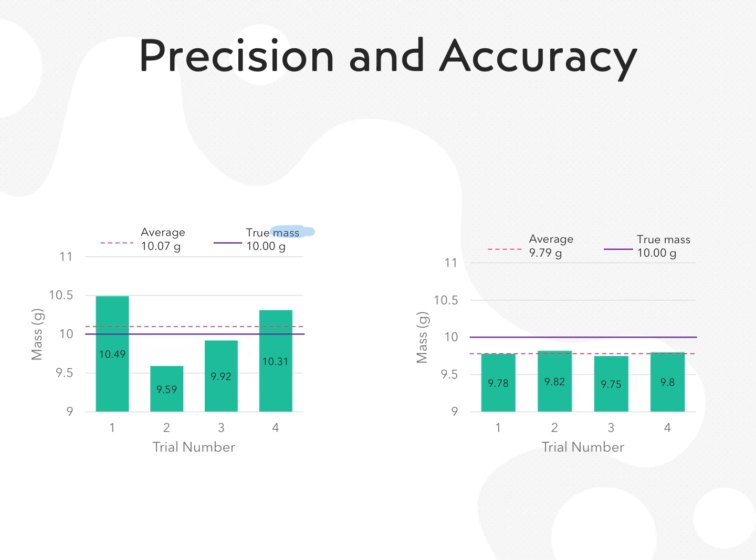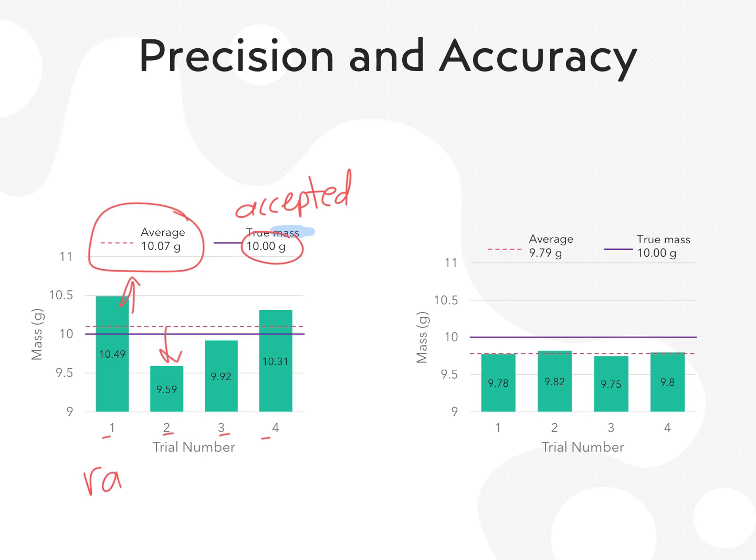So we have the true mass, or the accepted value for mass. The scientific community agrees that the mass of this particular thing is 10.00 grams. So you weigh the thing 4 different times with 4 different trials, and your average of all your trials is 10.07. But notice that some of them are much higher and some of them are much lower.